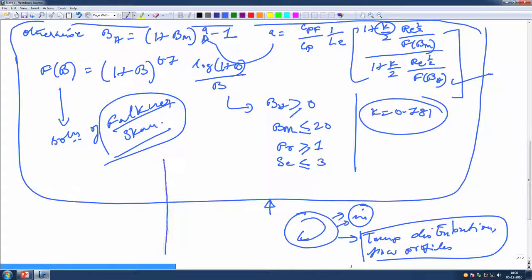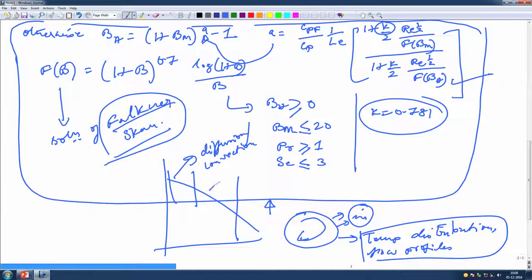That means a droplet, as we know, evaporates in a fashion like this. In this portion, is it diffusion or convection dominated? In the middle section, is it convection only, and in the later section is it diffusion?